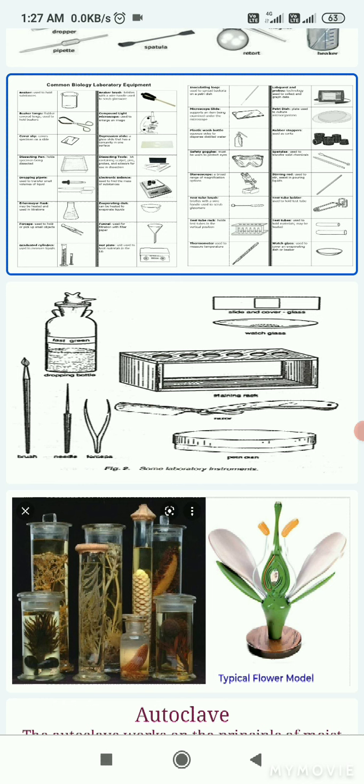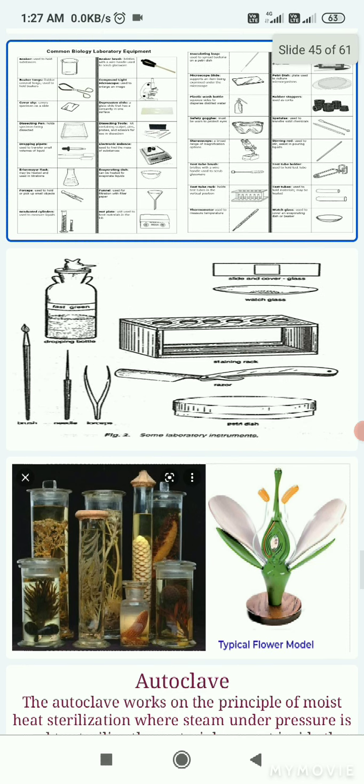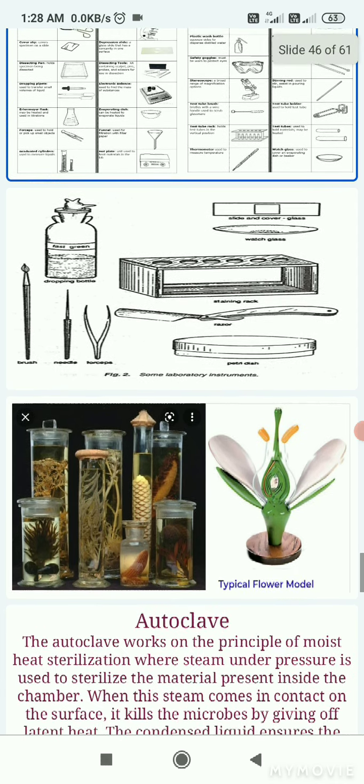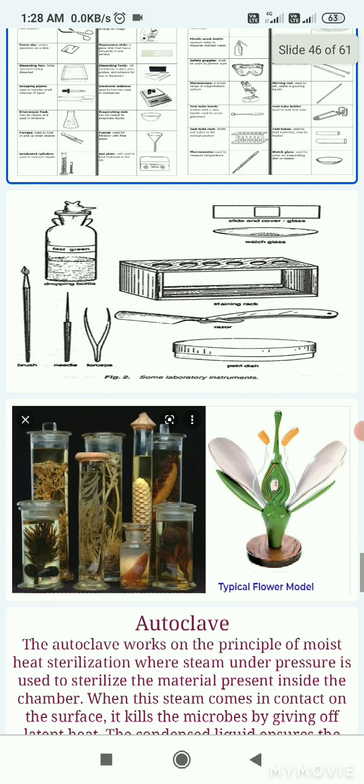This one is the brush, this one is the needle, and this is the forceps. This one is the razor blade, holding scalpel and petri dish, cover slip, watch glass and test tube stand. So these are some most important equipments.